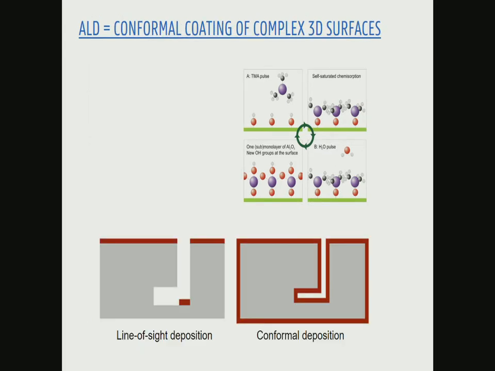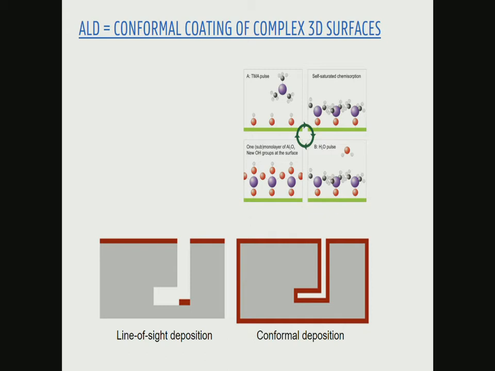The second main advantage is that it allows for conformal coating. Now what is conformal coating? Well, if you were evaporating aluminum atoms, then you would have some source here where the aluminum atoms are generated, so your molten bath of aluminum. The aluminum atoms start to fly in vacuum, and typically whenever they hit a cold surface, a room temperature surface, they will just stick.